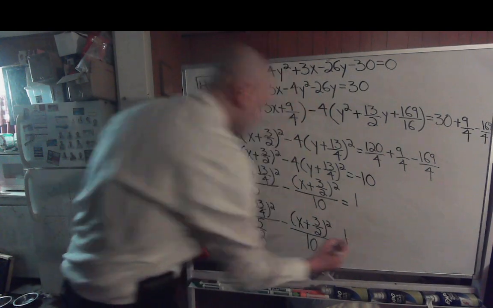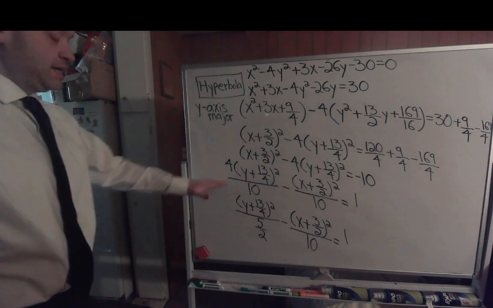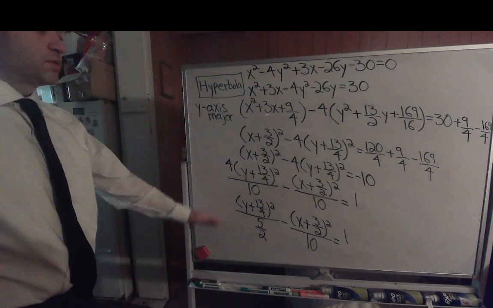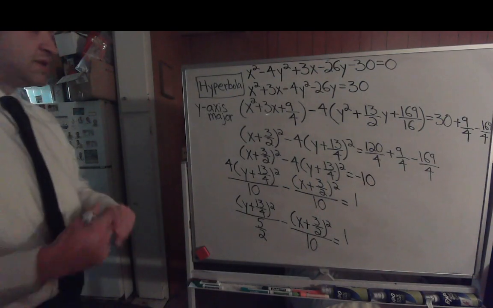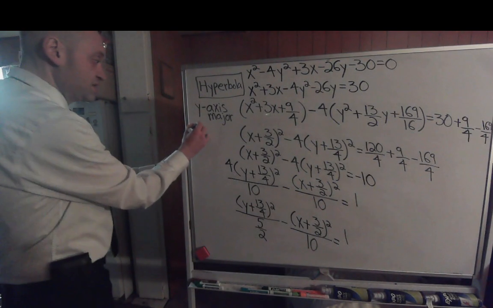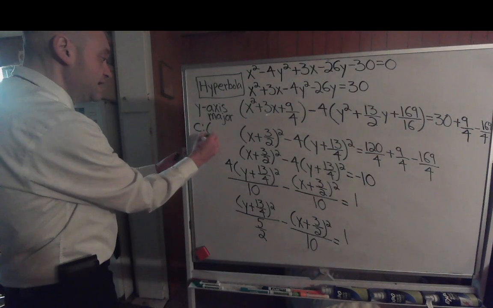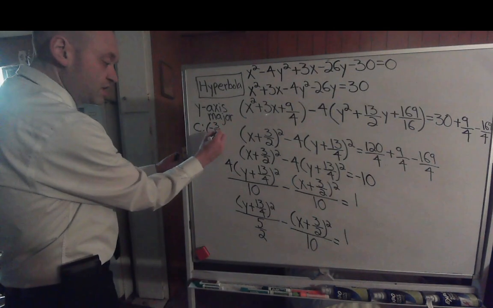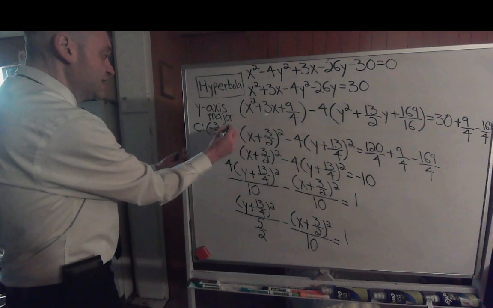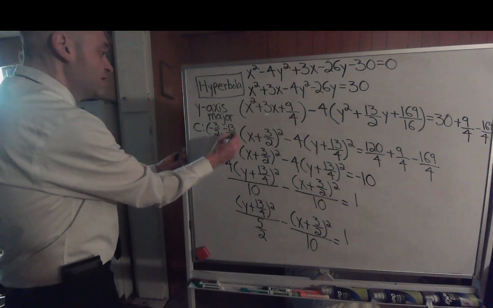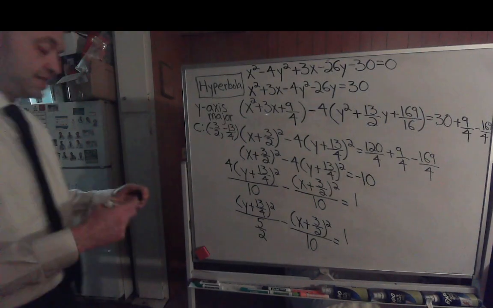So we have now the correct equation for this hyperbola. So the center of this is going to be at the point negative 3/2, negative 13/4. Yeah, this just got very messy very quickly, didn't it?